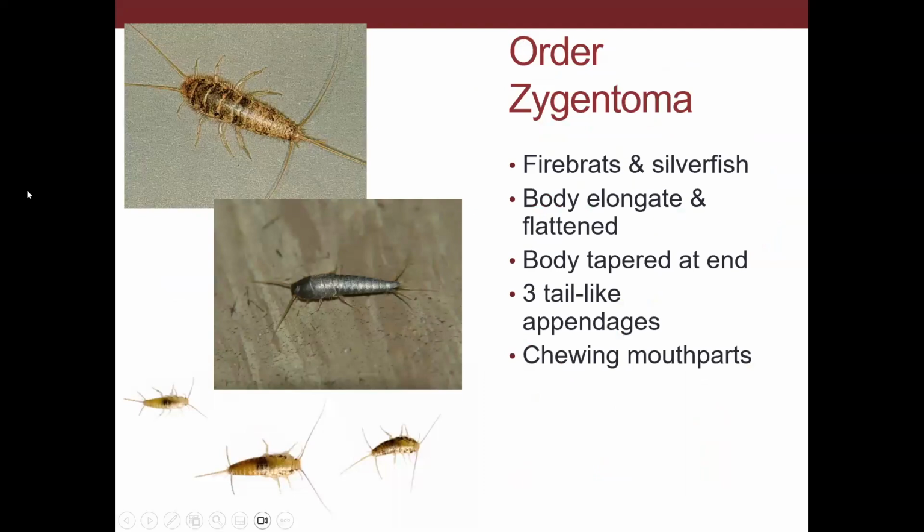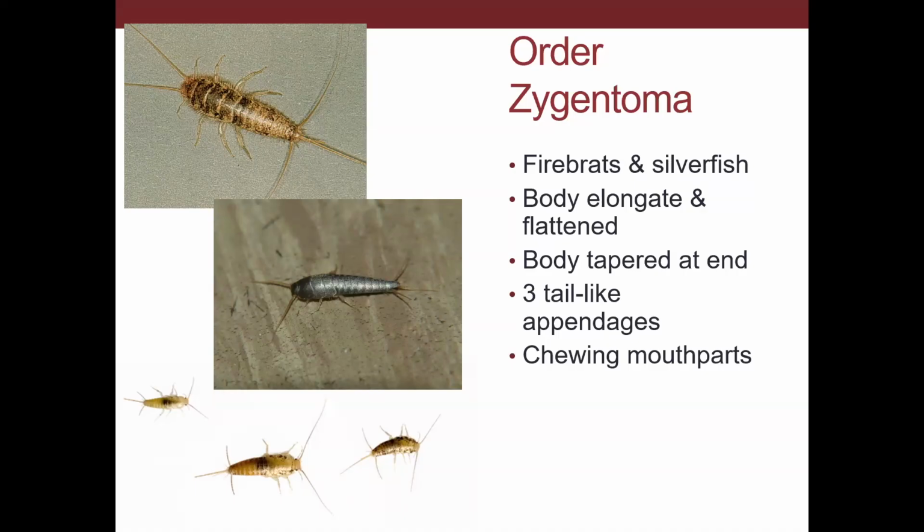Our first one is going to be our fire brats and silverfish. These are going to have elongated carrot-shaped bodies that are somewhat flattened. And silverfish are going to be that grayish silver color. Fire brats are going to be that kind of mottled brown color.